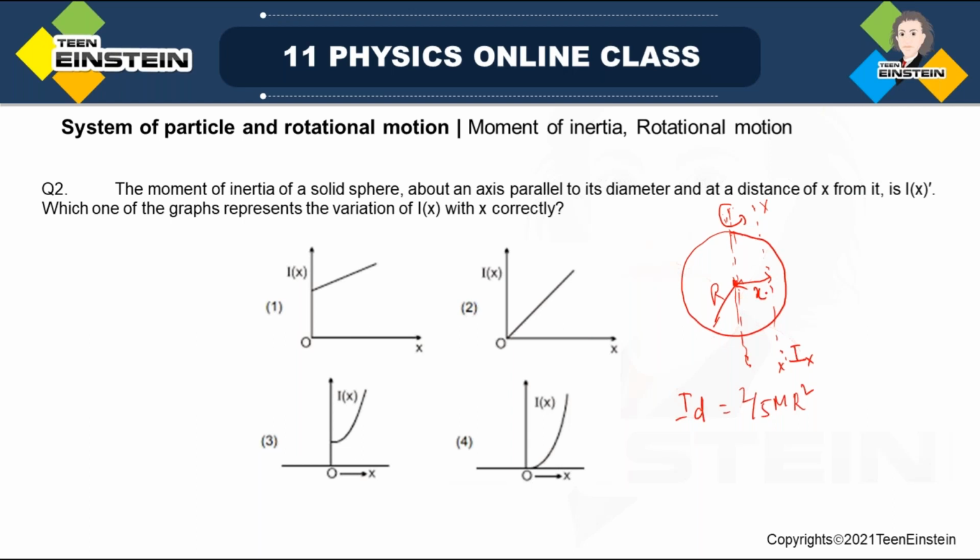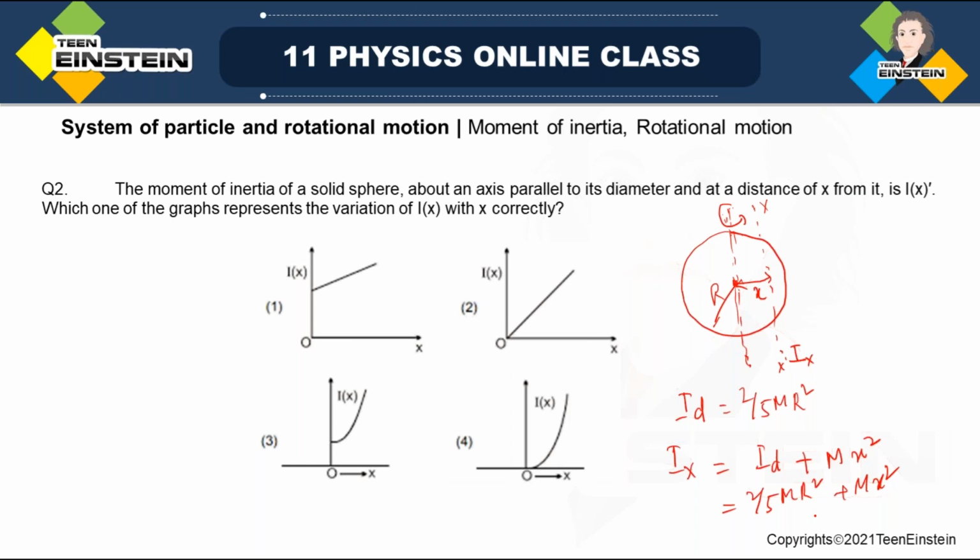Okay, so we know by the parallel axis theorem this moment of inertia Ix will be the moment of inertia about the diameter, because this axis is parallel to the diameter, plus m x square. So Id we know is 2 by 5 m R square, plus m x square.